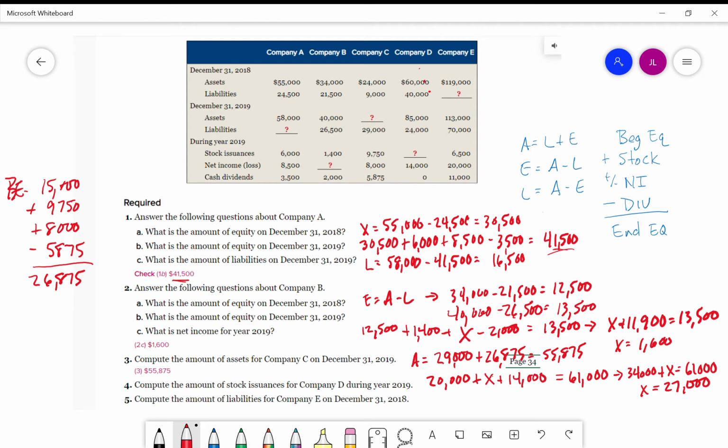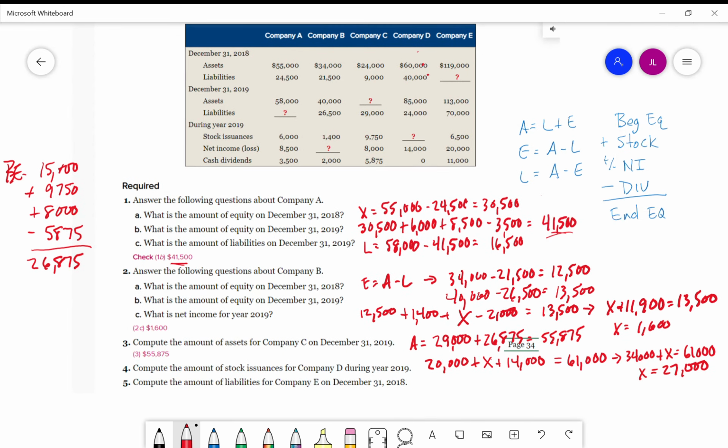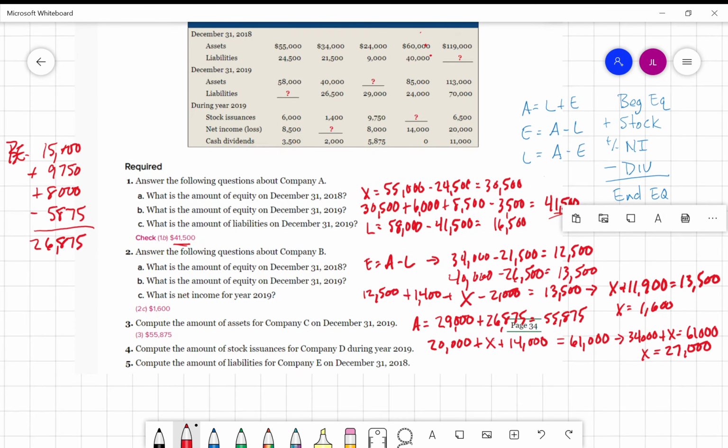And the last one, part number 5, is compute the amount of liabilities for Company E on December 31st, 2018. For Company E, we don't have the liability. That's what we have to figure out. We can determine our ending equity for 2018, which would be the beginning equity for 2019. Let me move this up so we have a little more room down here.